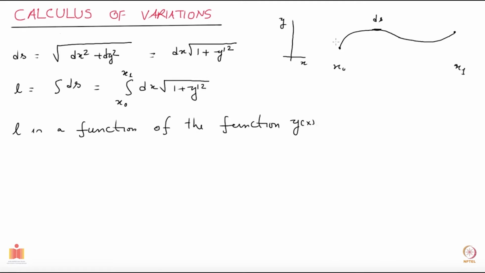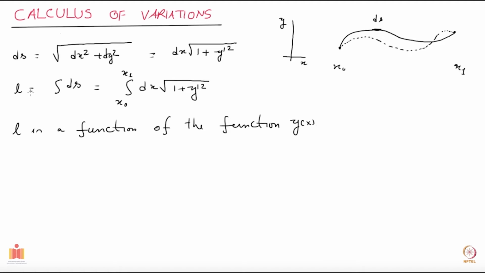Of course that's an obvious statement. If instead of this one, I give you another curve, then you evaluate the integral on the right hand side again, substitute y prime for this curve, take the square, do the square root, do the integral, and you get another value of L. So L is a function of the function y of x.